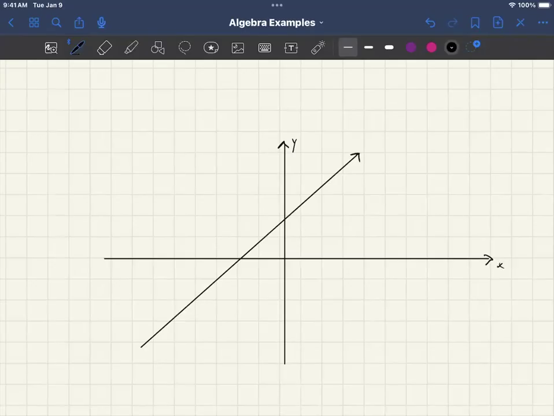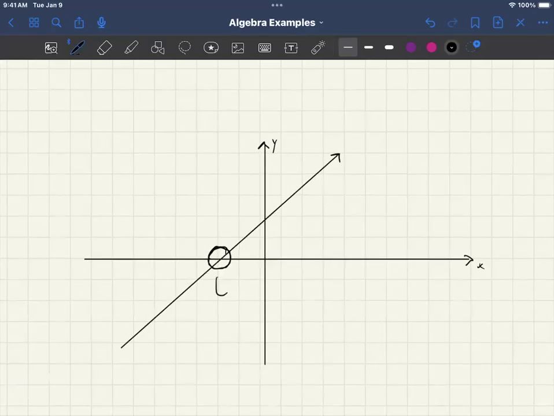So our x-intercept is where our line crosses the x-axis. And this happens when y is equal to 0, right? So you'll see we are at 0 on our y-axis. That is where the x-intercept happens.